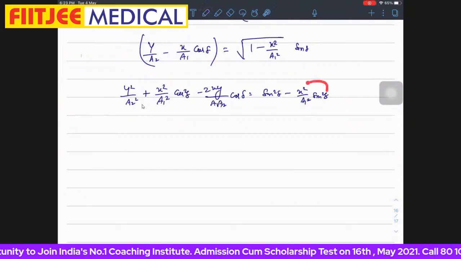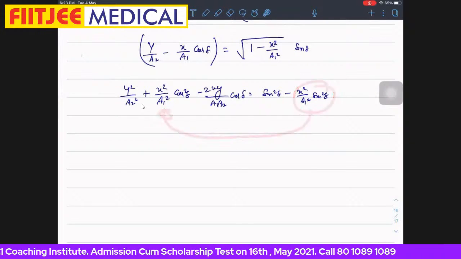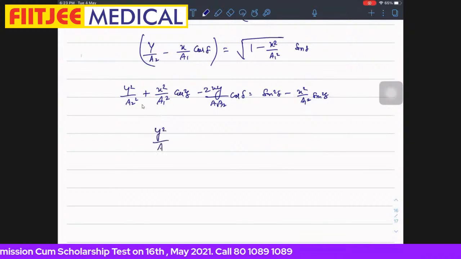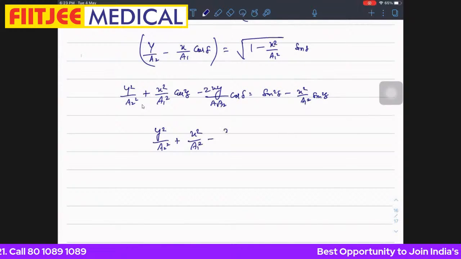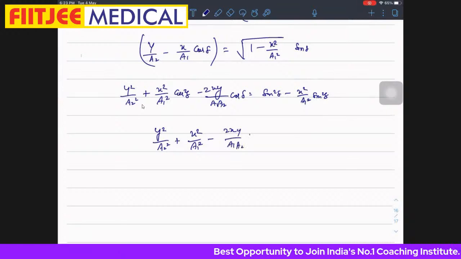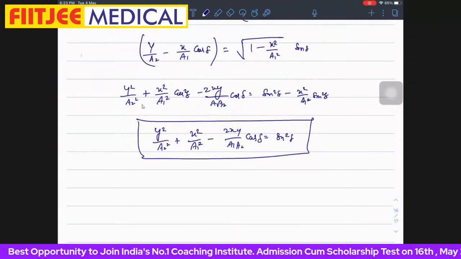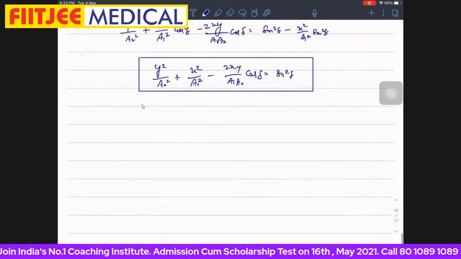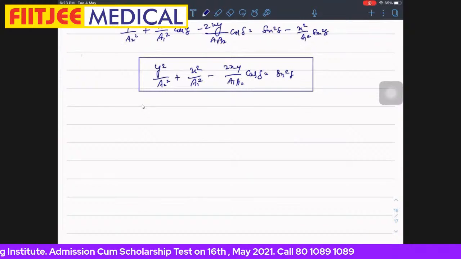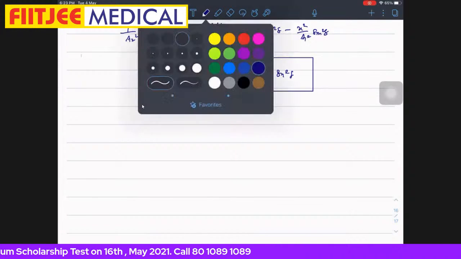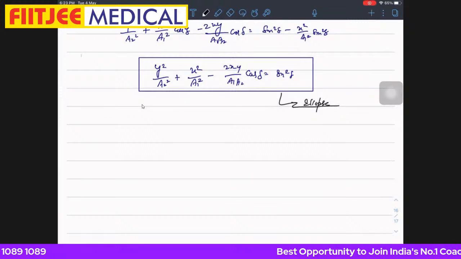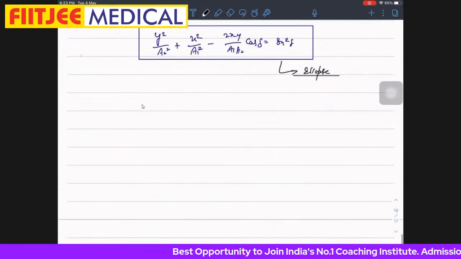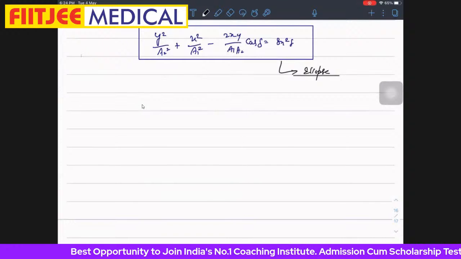Now bring this term to this side, and if you add, it will become 1. So y square by a2 square plus x square by a1 square minus 2xy by a1 a2 cos delta equals sine square delta. So in the general case, if the particle is doing SHM in two perpendicular directions, the trajectory of the particle will be an ellipse. But certain specific cases are there, in which it will be different. Those specific cases only they ask, so let's see those cases.